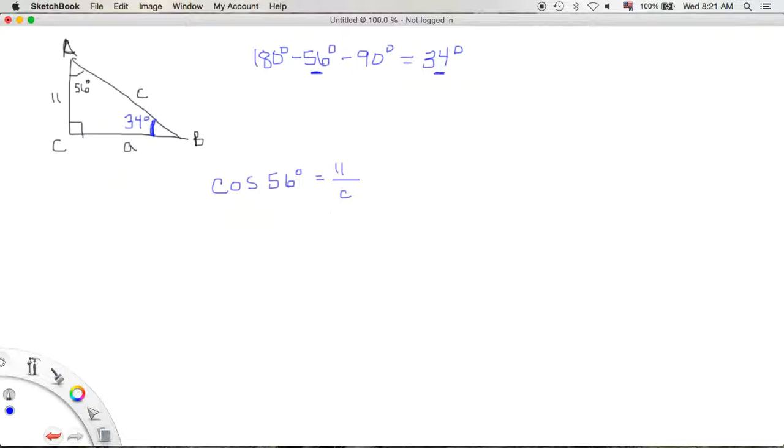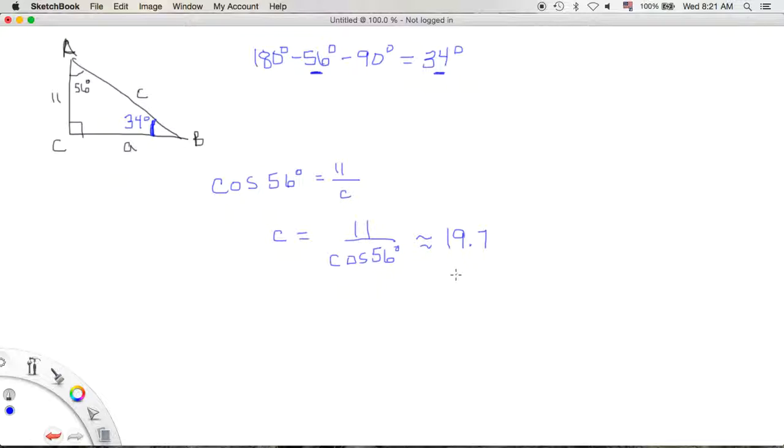So we figure out what the cosine of 56 degrees is, and hopefully this is algebra that we understand. So we get 11 over the cosine of 56 degrees, and you type that into your calculator, and you'll get that C is approximately 19.7.